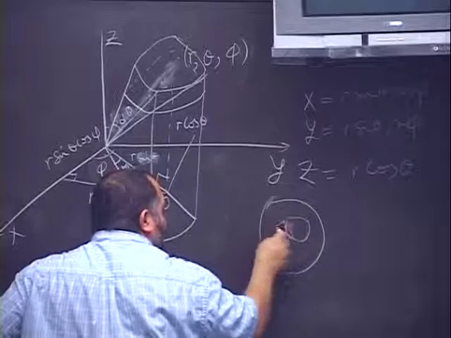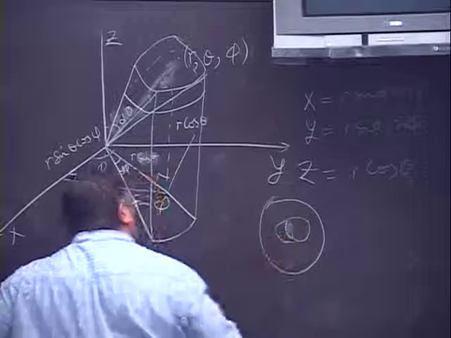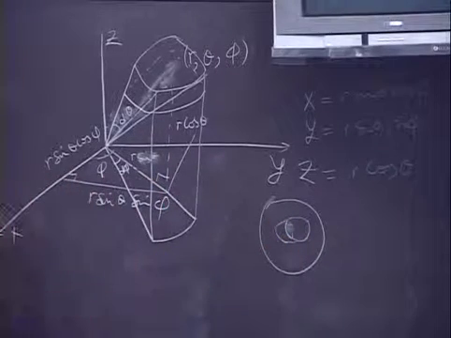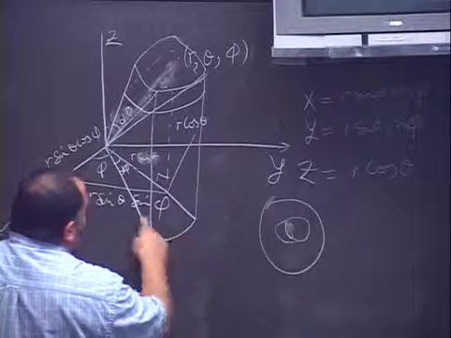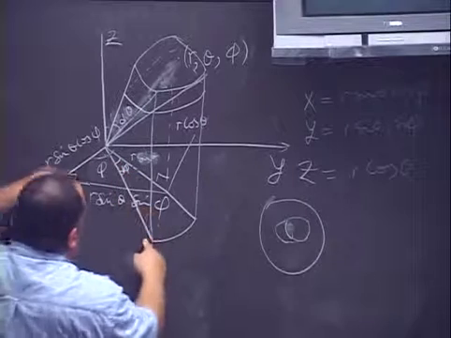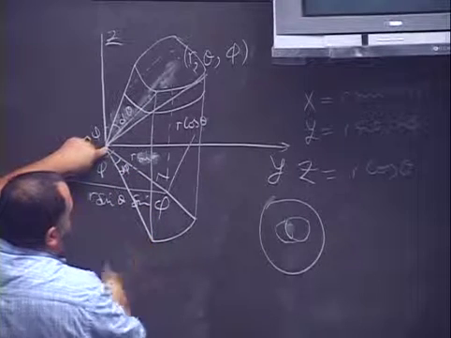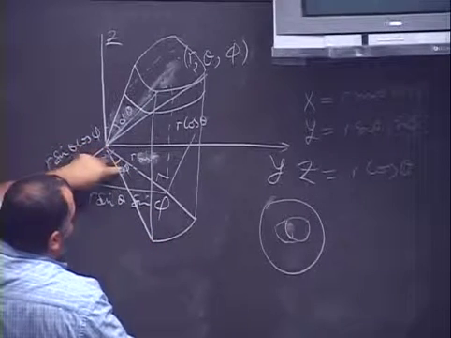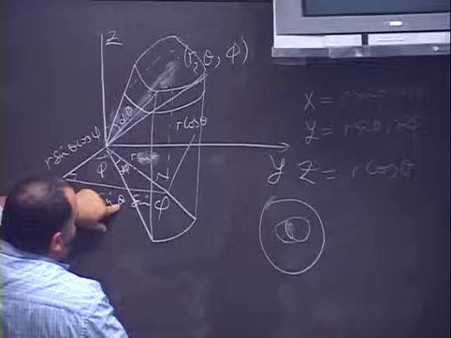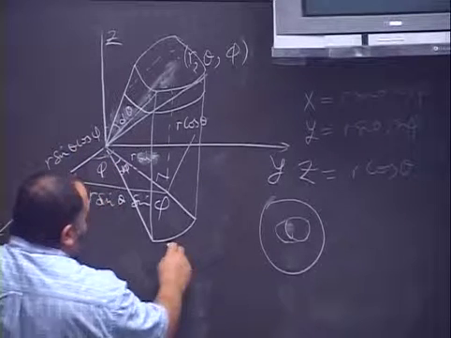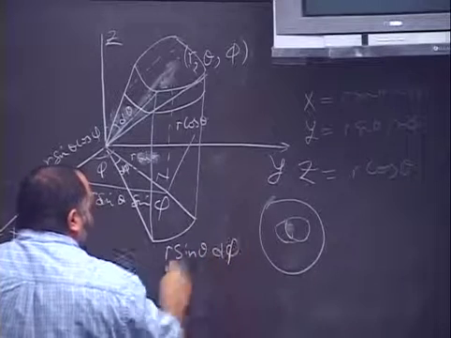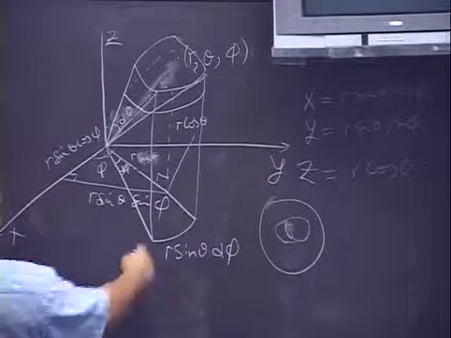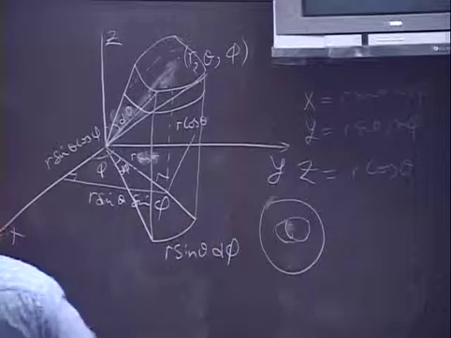Then you go inside, and you take something like a spherical shell. So the volume of the spherical shell, this will be what? What's this? This r here is called what? R sine what? So this will be r sine theta delta what? Delta phi. So this is r sine theta delta phi.